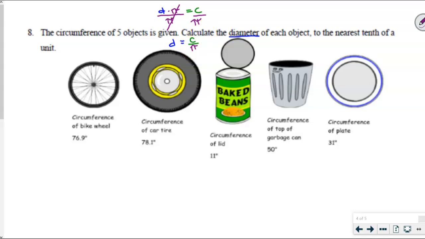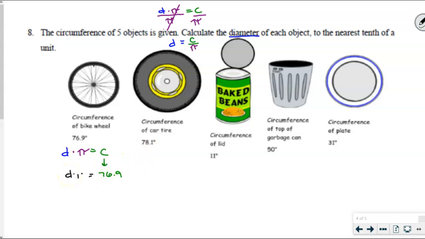Now, I don't care which way you do this. I do think a really good strategy would be to treat it like an equation. So if I give you the circumference, I would say d, whatever that diameter is, multiplied by pi is equal to the circumference, but hey, I know the circumference. 76.9 is that circumference, and this is equal to d times pi.